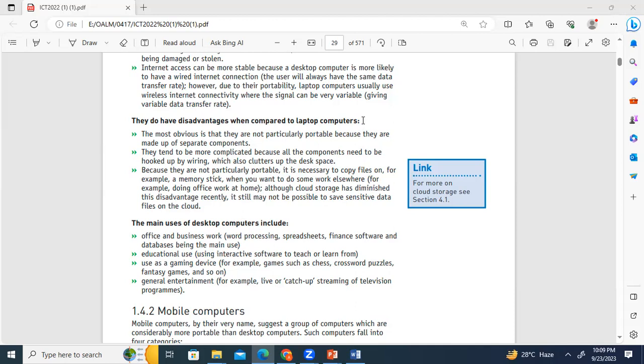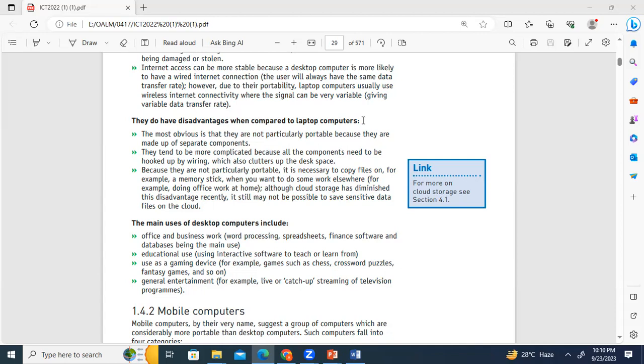Sir, should I go first? Okay. The main uses of desktops are, first, it's used in offices and business work, like for inputting data in software such as spreadsheets and other database types. The second one is educational use.